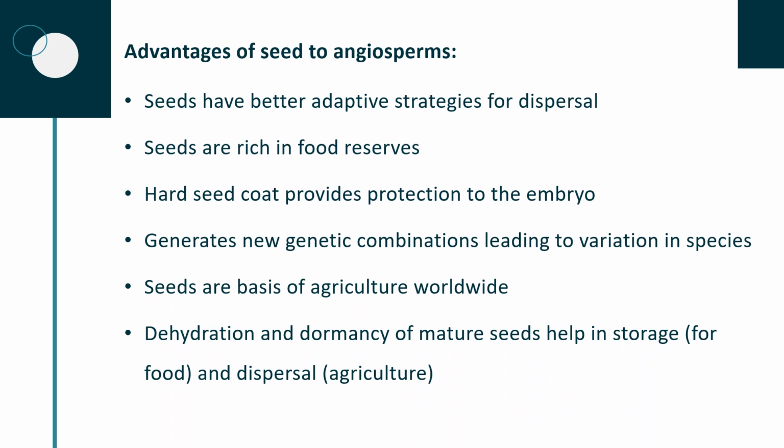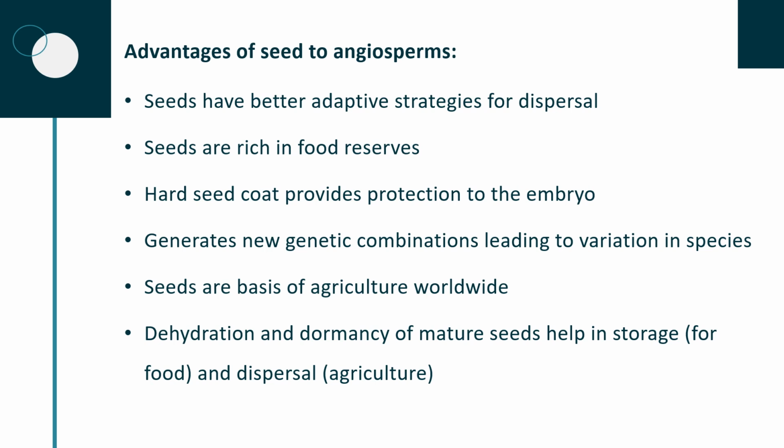There are several advantages of the seeds to angiosperms. Seeds have better adaptive strategies for their dispersion to new habitats, and it helps the species to colonize other areas. Seeds are rich in food reserves. They have a hard protective covering that protects the embryo.